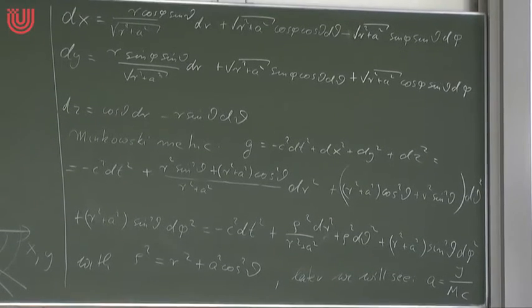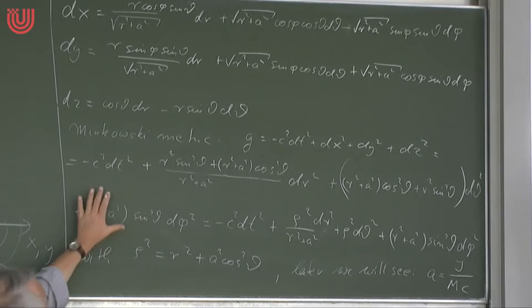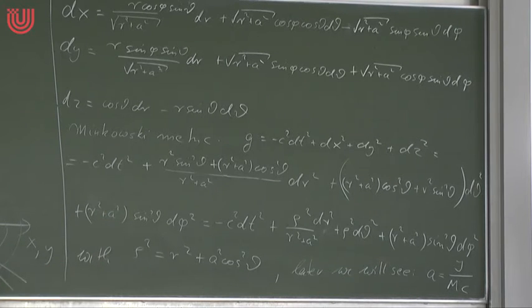So now we ask ourselves, can I modify this metric in a way that it satisfies two properties? The first property is, if I send A to 0, I want to get the Schwarzschild metric, because if the thing is not rotating, then I want to get back my Schwarzschild metric. And the second condition is that it should satisfy the vacuum field equation. And I want to do this without perturbing the symmetry. What I've written down is obviously axisymmetric and stationary.